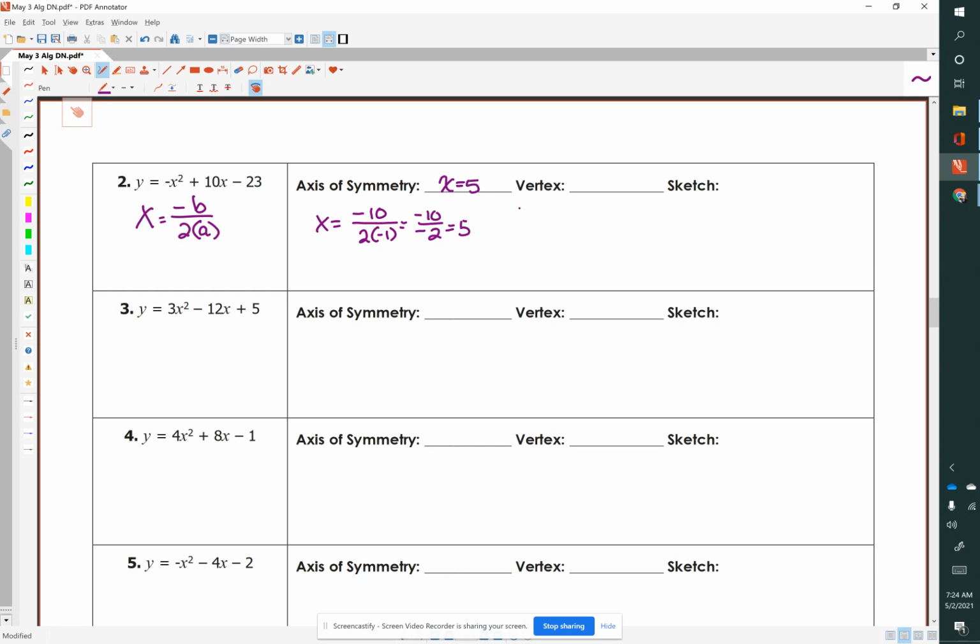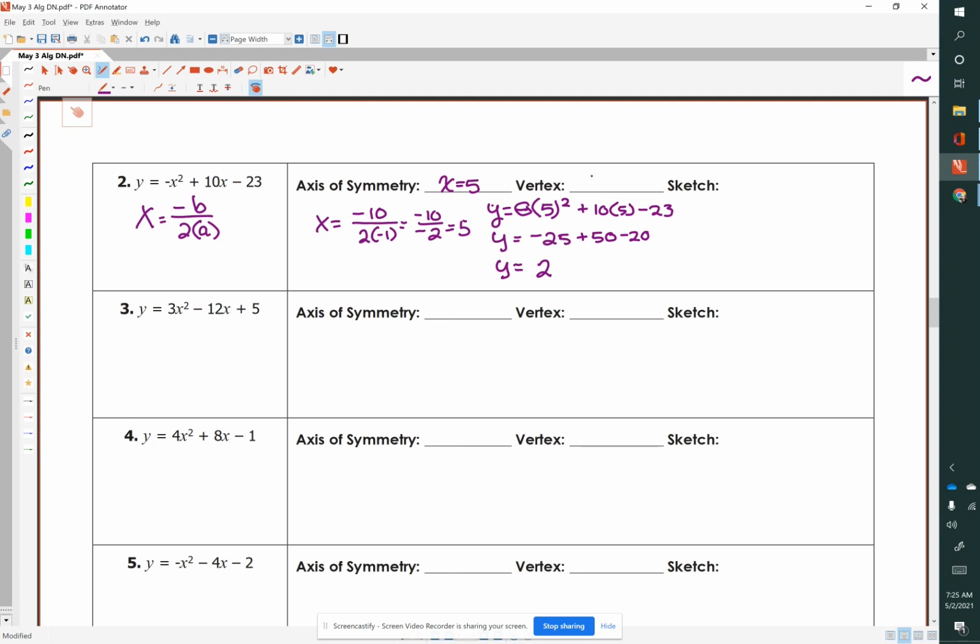And now we'll make our substitutions. And y equals, so we have negative 25 because 5 times 5 is 25, and then we have that negative in front. Be careful with that. So y equals 2.